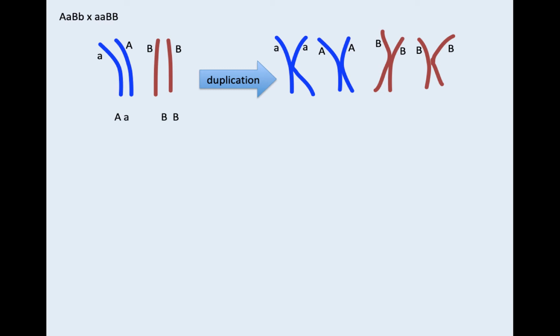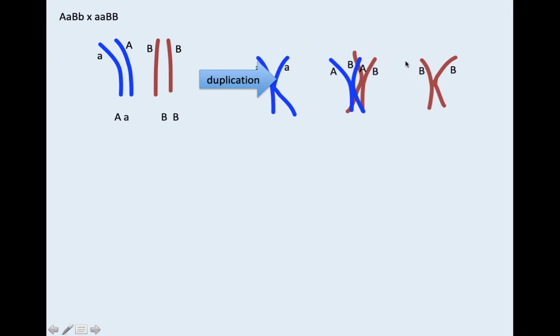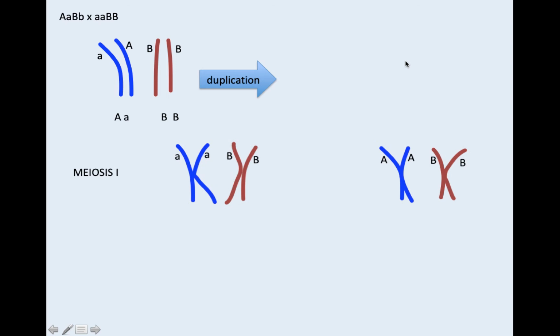All right, now let's take these through meiosis. So remember meiosis 1 is going to separate homologous chromosomes. So this A here is going to be separated from this big A here, and this B from this B here, like that. And which one goes with which is random. And remember, crossing over would have occurred as well, so these might be different. I've just not drawn it on here. So this is meiosis 1. And then meiosis 2, remember, it's just like mitosis in terms of what happens to the chromosomes.